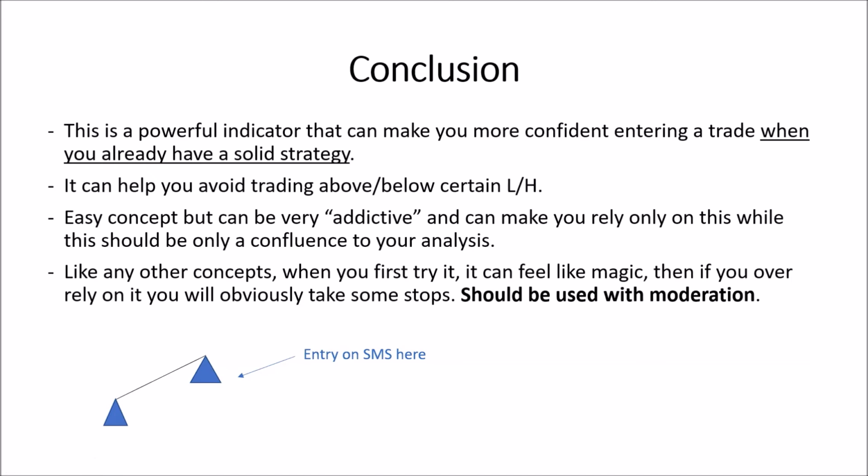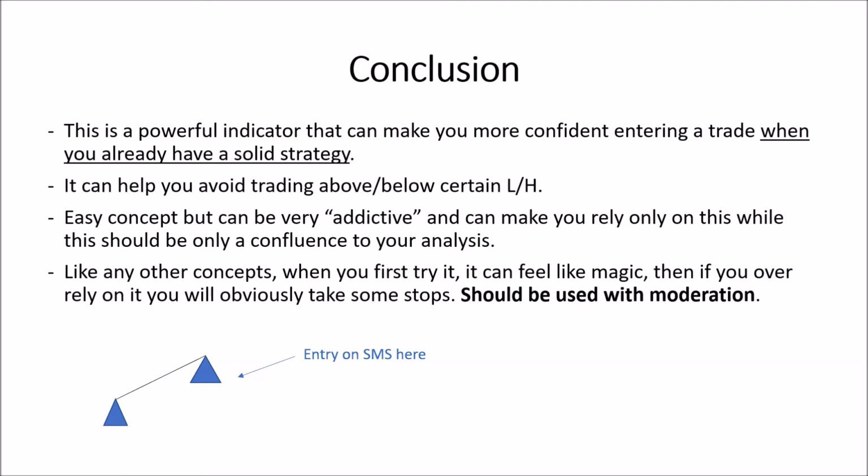I was trading almost only this indicator and forgetting all other parameters of my strategy, and tried to scalp every divergence and so on. And of course it ended up in multiple losses. So that's why I warn you to use this with moderation, and really to add this as a confluence for your strategy, like I did in this video.